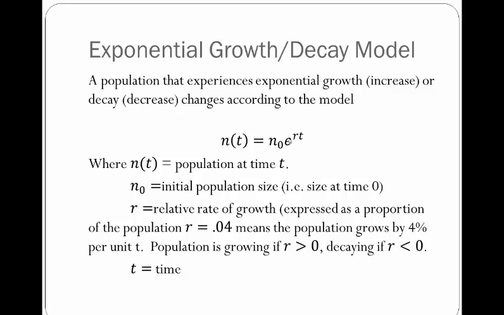And t equals the time. Notice this is basically the interest compounded continuously formula. Original amount, e, rate of change, and time. And yes, that is a basic exponential growth model, the interest compounded continuously. But this is just the general one.